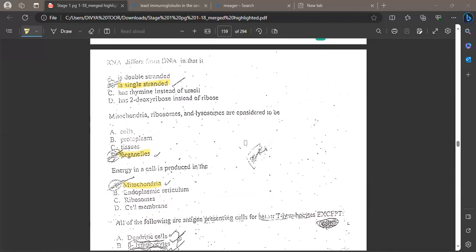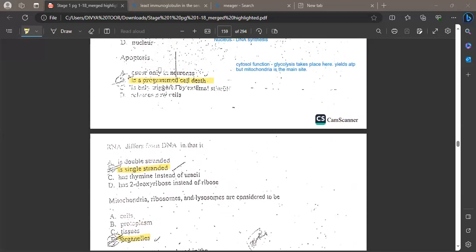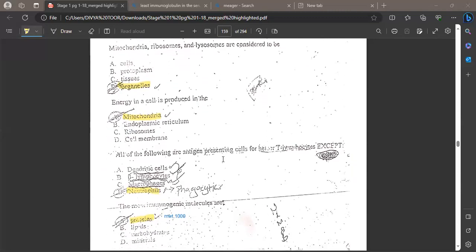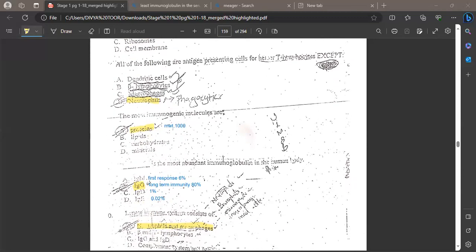Okay, we all said apoptosis is programmed cell death. And then all the following are antigen presenting cells for helper T lymphocytes except neutrophils, right?